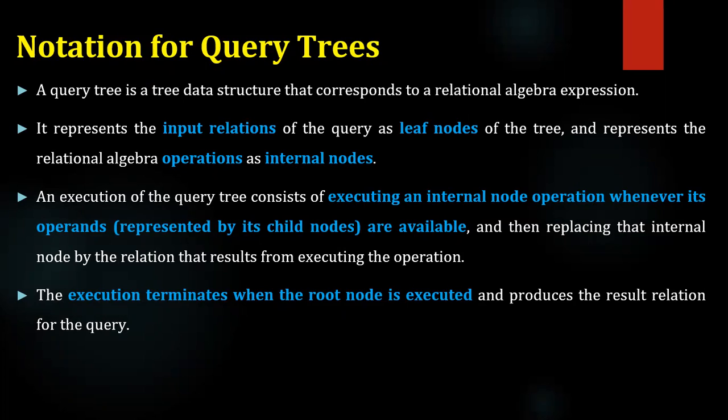And the execution terminates when the root node is executed. So the final result will be available at the root node. So here we will consider three important nodes: root node, intermediate node, leaf node. Root node is the result, final execution. Intermediate node, execution of the expressions. Leaf node is the relation name.